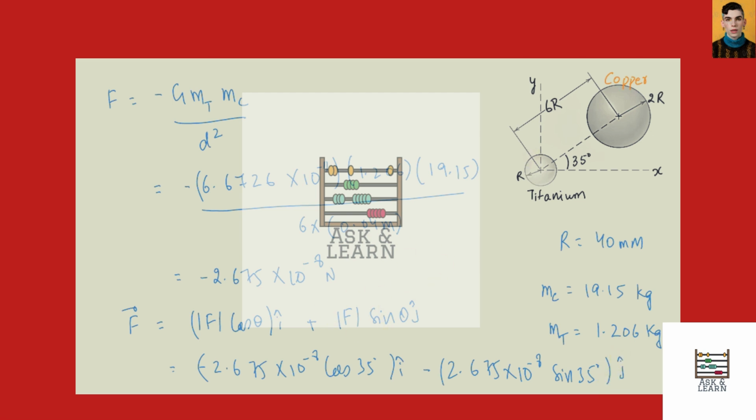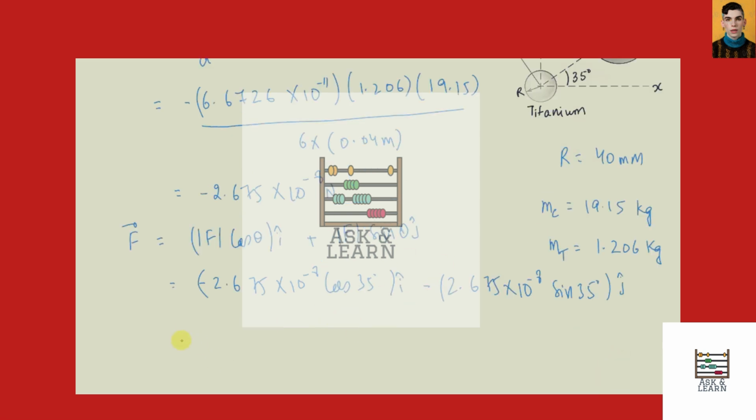Now we're going to simplify this and we'll get the vector form of the force as minus 2.19 i cap minus 1.534 j cap times 10 to the power minus 8 Newton.